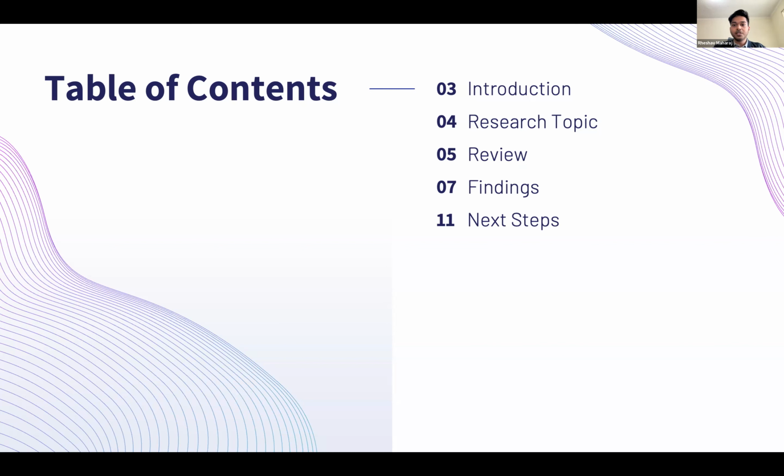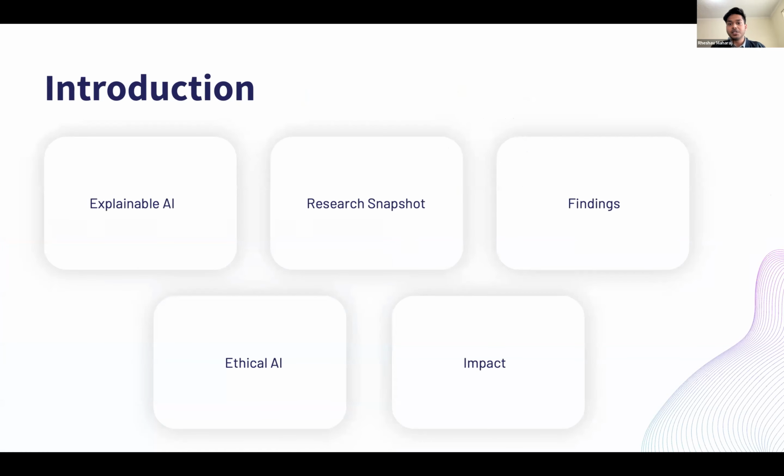So first, we have an introduction. You will see that over this entire presentation, there are going to be references to explainable AI, and also trying to make AI more ethical, making it responsible for the application of intelligent transport systems.